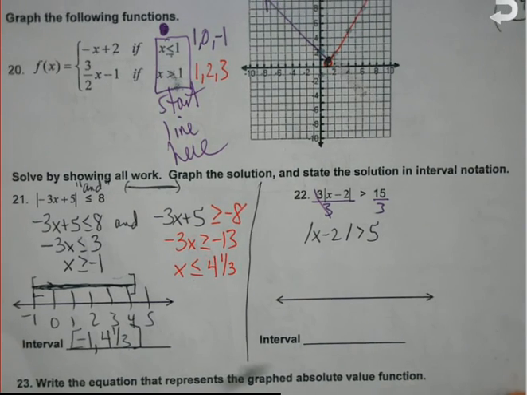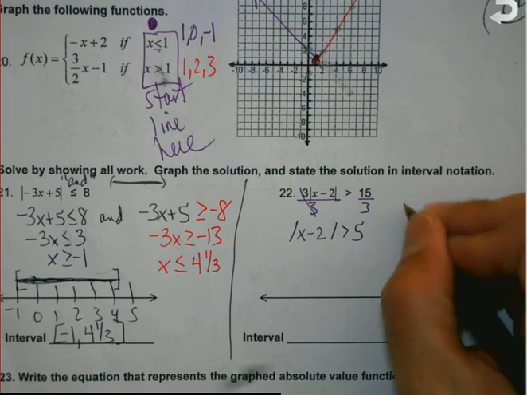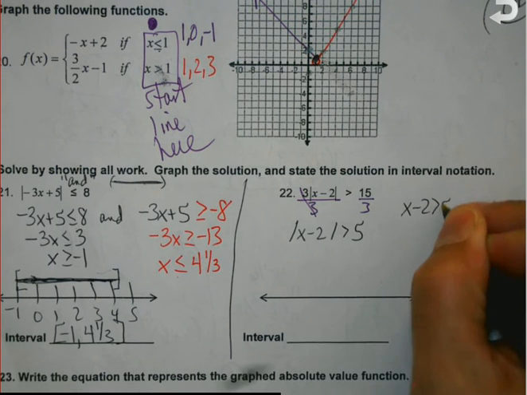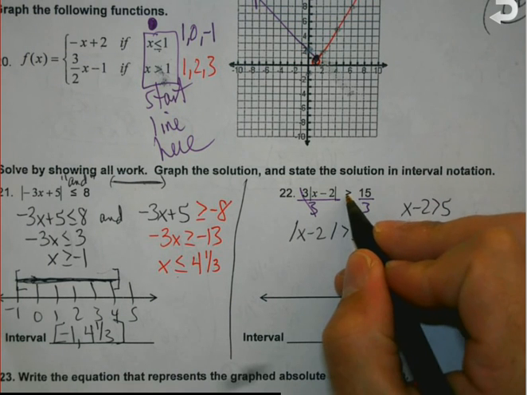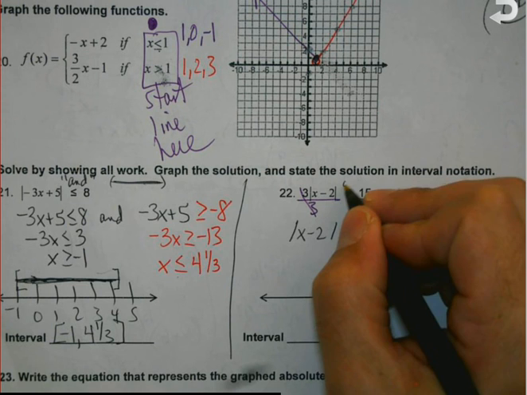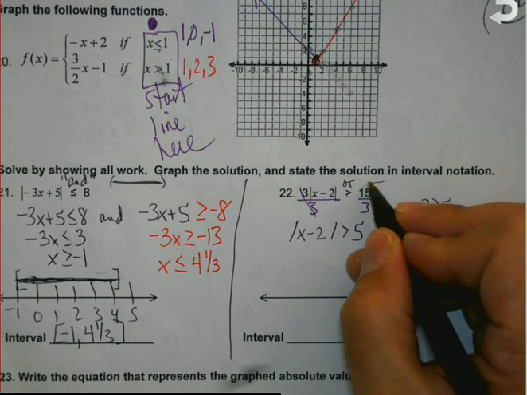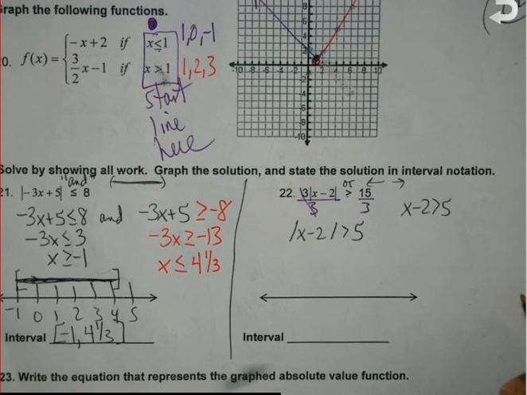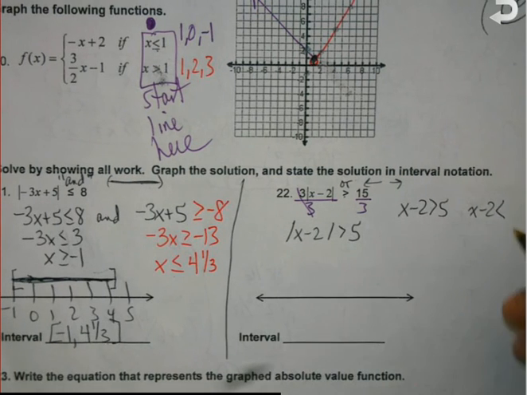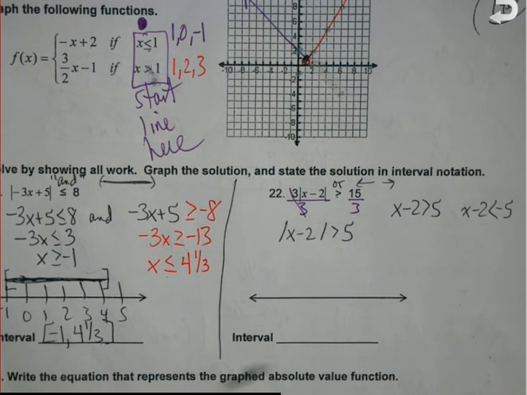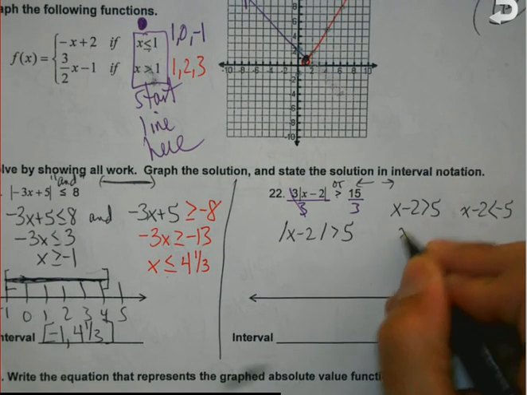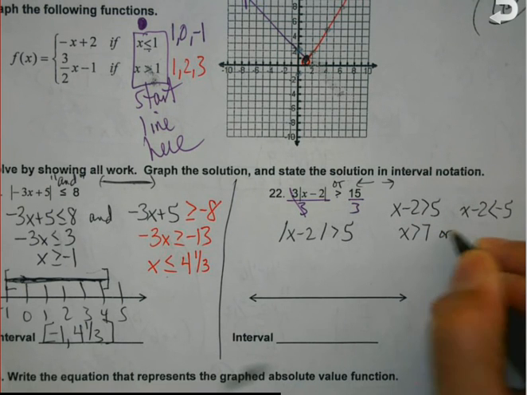Now I can go ahead and get it split into two. Again, and or, greater than is or. So I kind of know what this should look like. Here I flip my arrow, switch my sign, a couple of quick one-steppers.